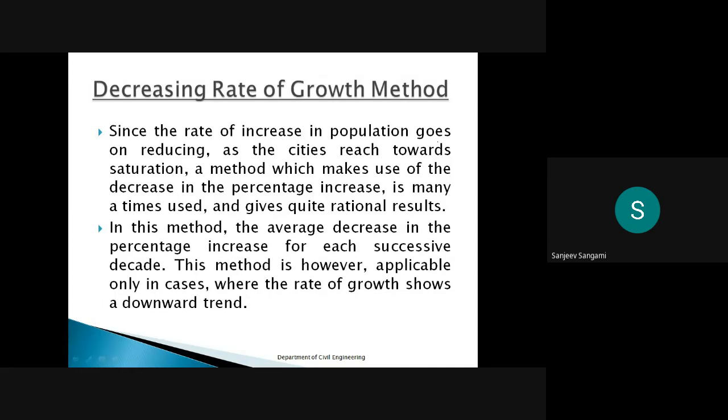Normally we studied 3 methods: the arithmetic increase method, the second one is the geometric increase method, and the third one is the incremental increase method. We'll move on to the fourth method, the decreasing rate of growth method. What will happen is that as the decades go on increasing, for example 2011 to 2021 and 2021 to 2031, the population will go on decreasing.